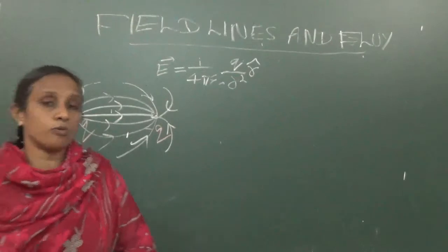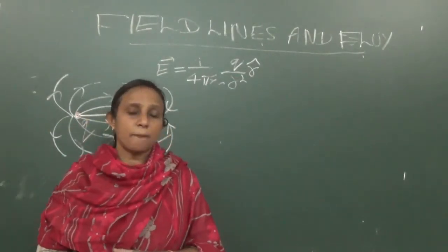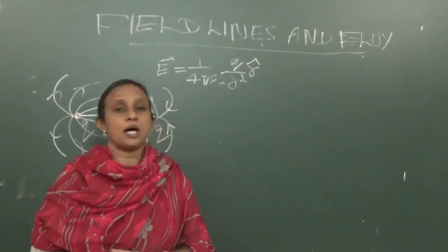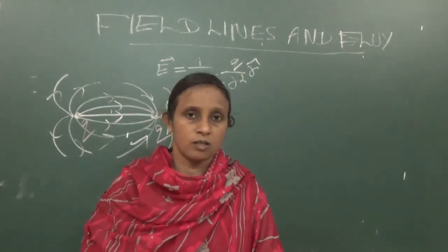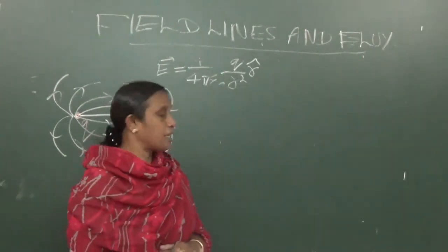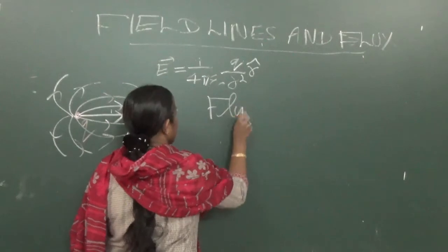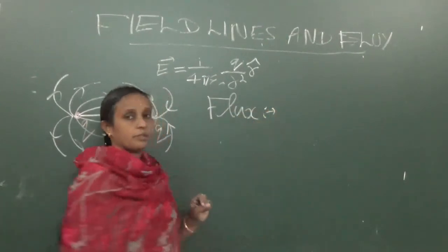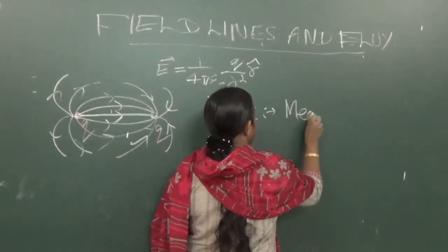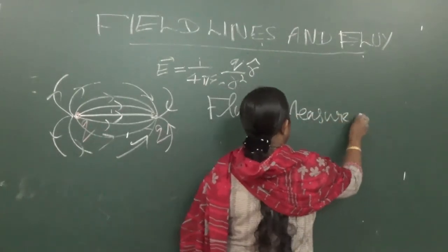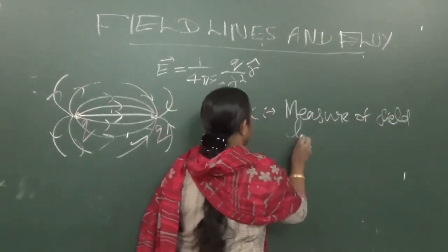Now, we already found that the strength of the electric field is given by the number of field lines passing through a particular area. Okay, now we can define the flux. Flux is a measure of field lines.